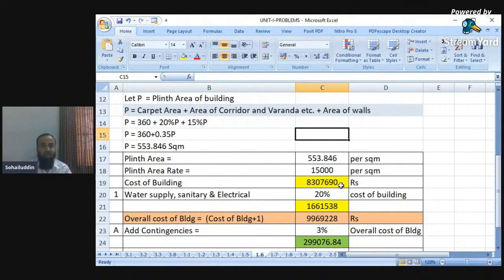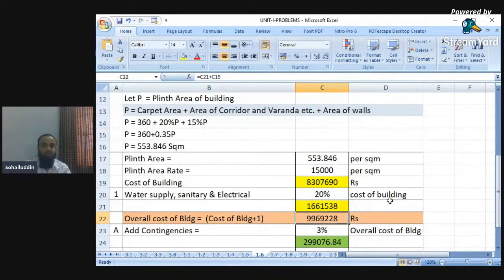There is only one head, water supply, sanitary and electrification, therefore the cost of building is the addition of the cost of building plus the extra charges required for it. The sum total is 9 crores 96 lakhs 9,228. This is the overall cost of building.